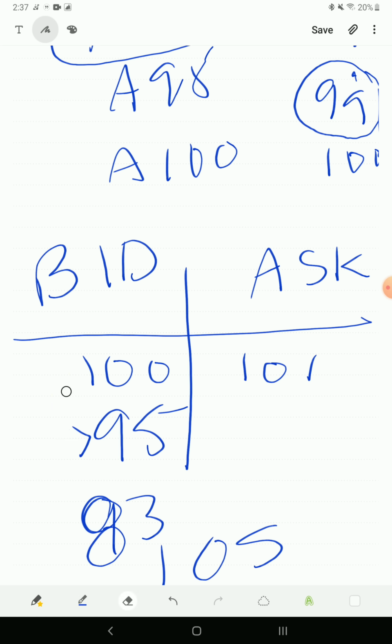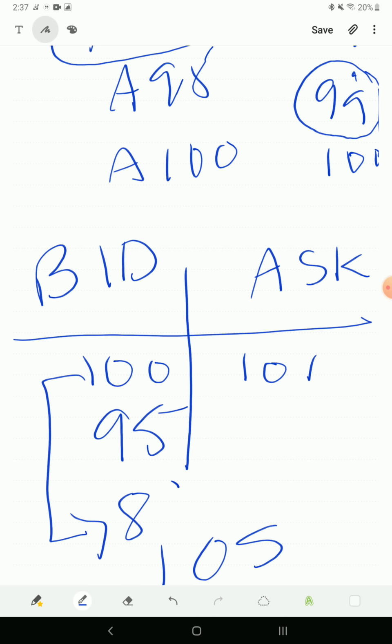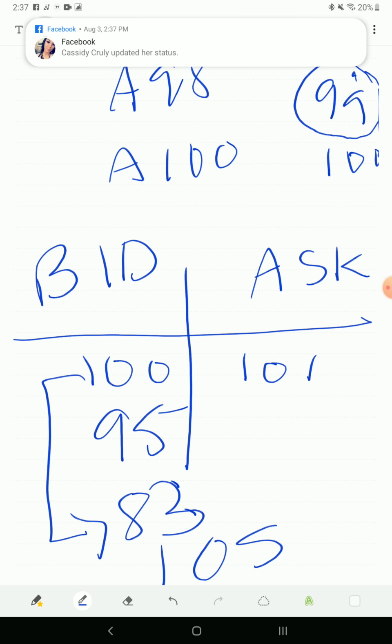It literally dropped from there to here, to 83. So now all of a sudden, you're not going to get filled at 95. Does that kind of make sense?